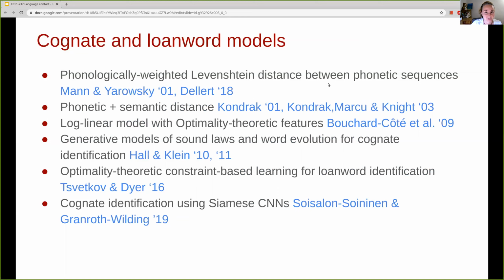So again, identification of cognates and the evolution of words, they modeled evolution of words across a phylogeny. There are not too many models of loanword detection, and the prior approaches focused on synchronic processes and the morphological and phonological assimilation in typologically different languages.